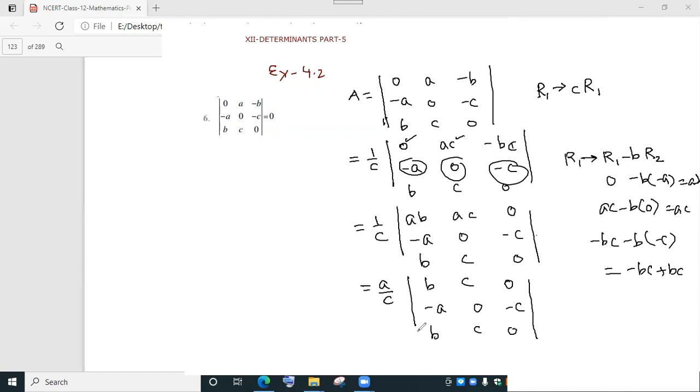Now you have two rows identical, R1 and R3, b c 0 and b c 0. Therefore it is equal to 0. The reason is R1 and R3 are identical. When two rows or two columns are identical, the value of the determinant is 0.